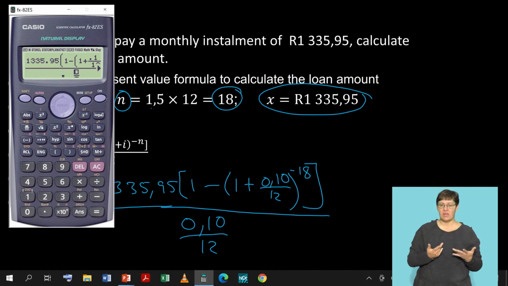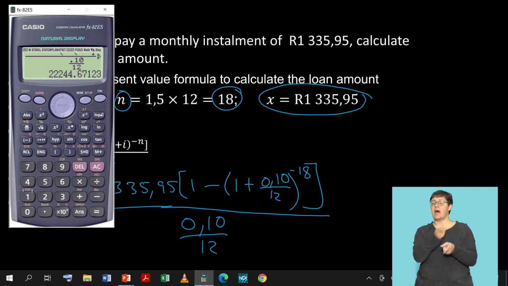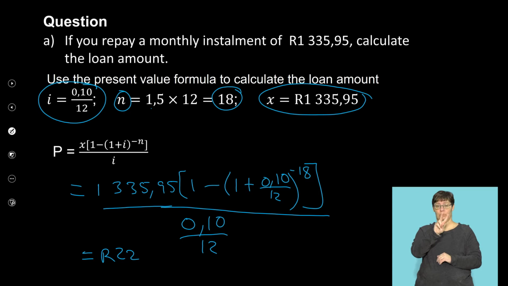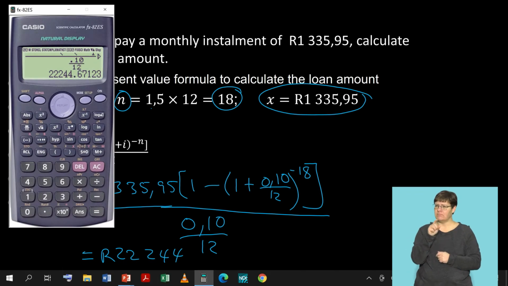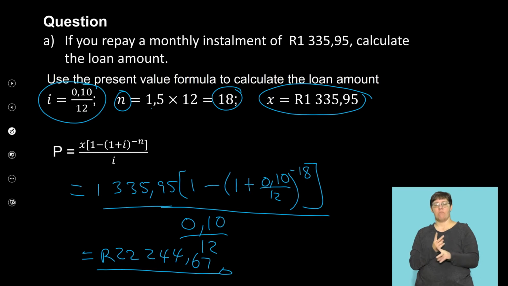So this is divided by 0.10 over 12, and the answer will then be 22,000. So you can see the amount that you need to borrow is 22,244 rands and 67 cents, right?